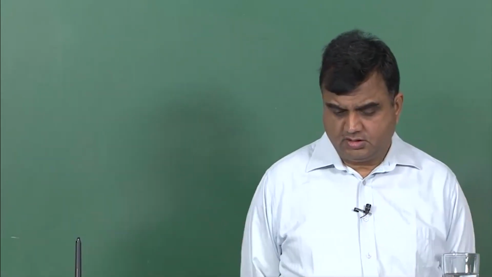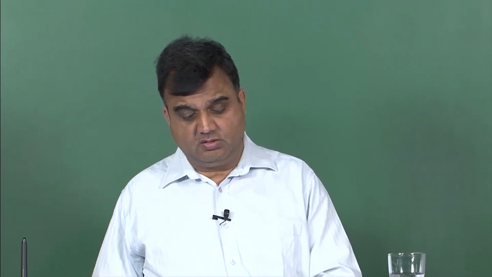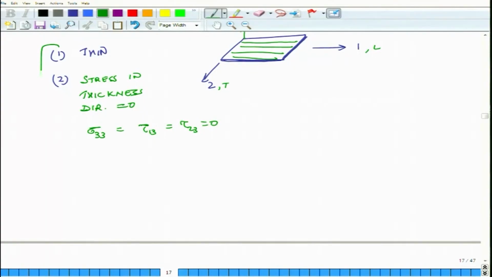We stack several such layers, and ultimately we have a laminate. So, to understand the response of every single layer, we have to understand how an especially orthotropic material behaves when it is in a state of plane stress. That is why we are trying to understand them. So, let us see how many elastic constants such a material has. We develop the stress strain relations for those.